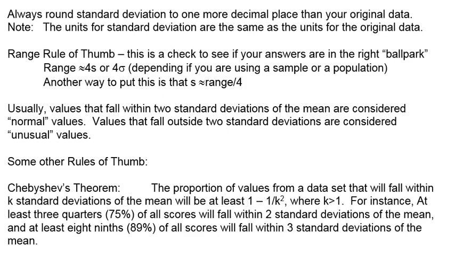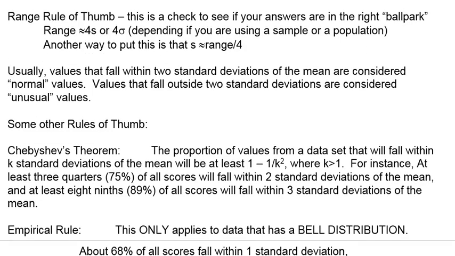We also have what's called the empirical rule, but be careful, the empirical rule only applies to a Bell distribution. So the empirical rule, right, if we have a skewed data set or some other distribution, is not necessarily going to apply.